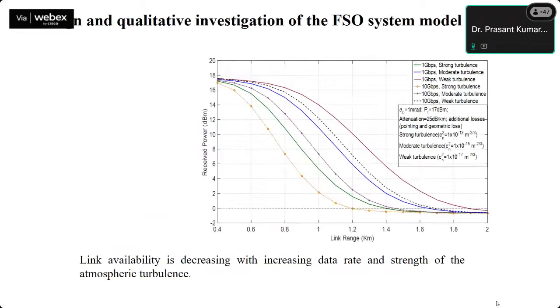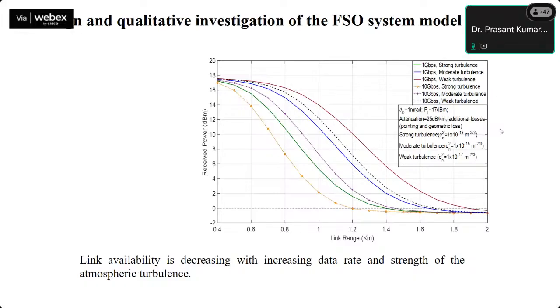And similarly, we have further investigated the OWC or FSO links by varying the link divergence, or you can say the source optical beam divergence, and we considered an attenuation of 25 dB per kilometer, a fixed loss for average atmospheric conditions or a fair weather condition, you can say.